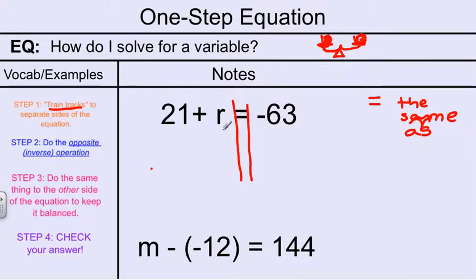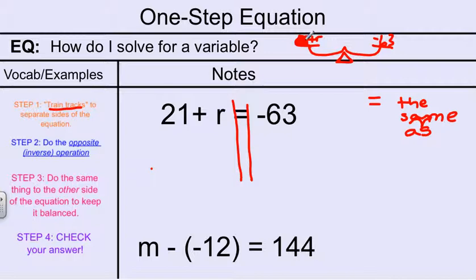I know I want r to be the only thing on my scale, and sometimes I imagine this little scale as I'm doing my work. As I balance, I see a 21 plus an r on this side, and I see a negative 63 over here. I want to take this 21 off. I'm going to subtract that out.